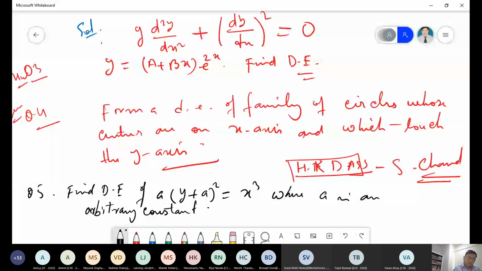The question number 3, what is the solution of that? Raise your hand and then you tell me what is the solution of that one. (a plus bx) e to power 2x. What is the solution? Okay, who will tell me?